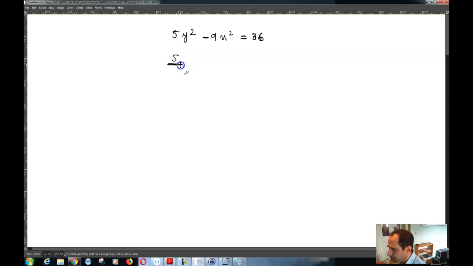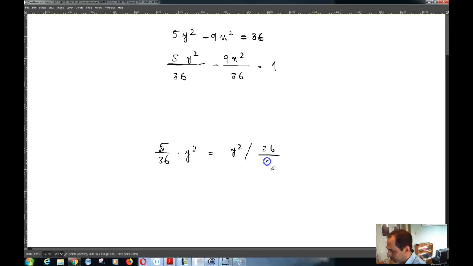So 5y squared divided by 36 minus 9x squared divided by 36 is equal to 1. Now I can write this as 5 divided by 36 times y squared. I can write it as y squared divided by the reciprocal of this, y squared divided by 36/5.